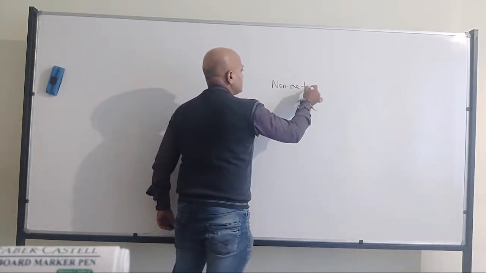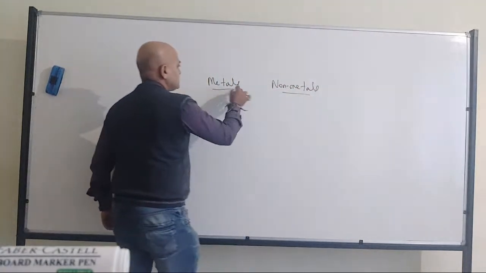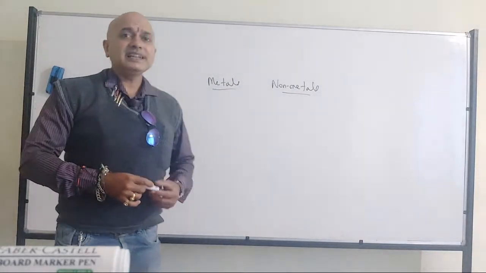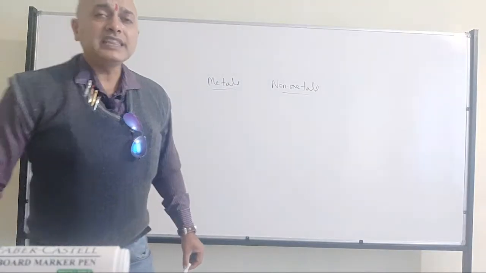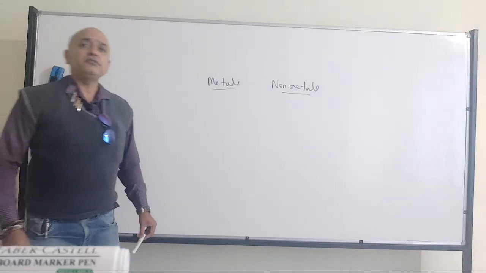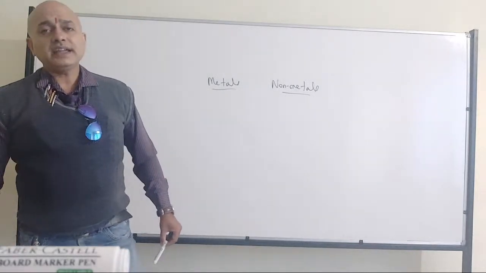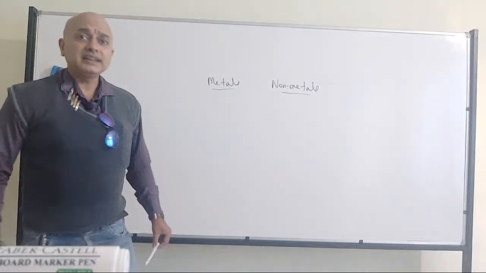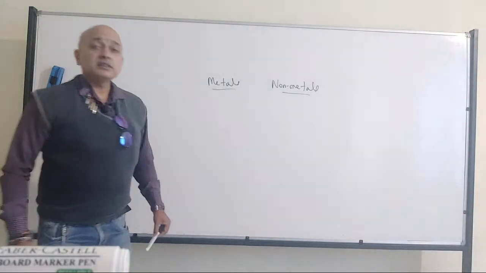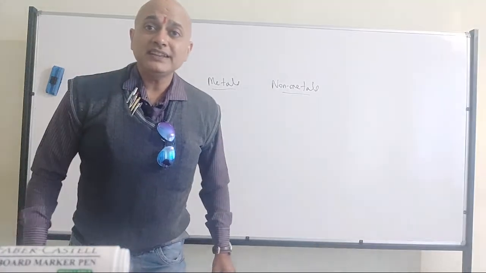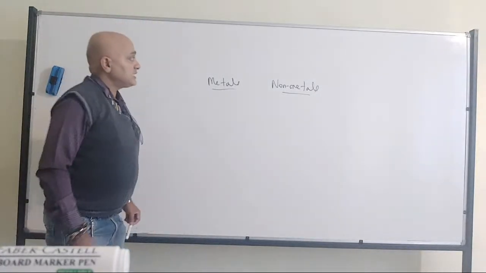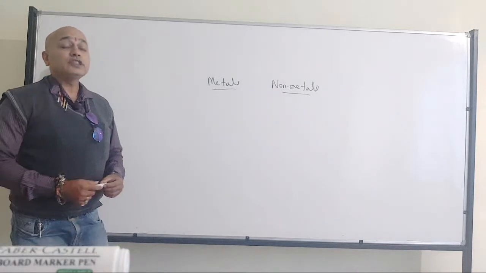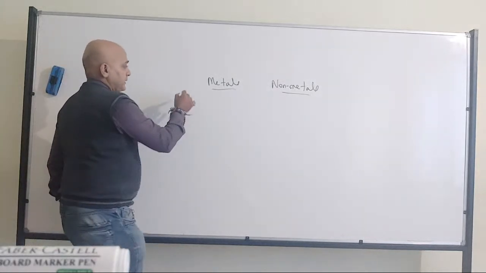Anyway, metalloids we are not going to give much importance because the elements are very few and they will have intermediate properties between metals and non-metals, or I can tell they have both properties. Some properties they will show related to metals and some related to non-metals. So that's where I have metals and non-metals as a major category.